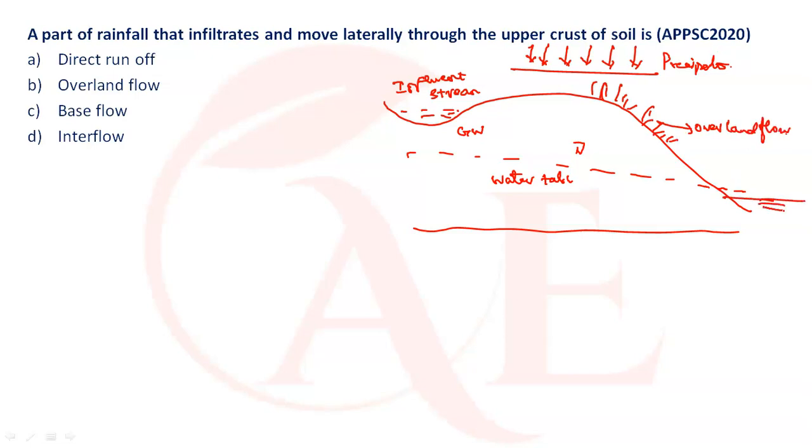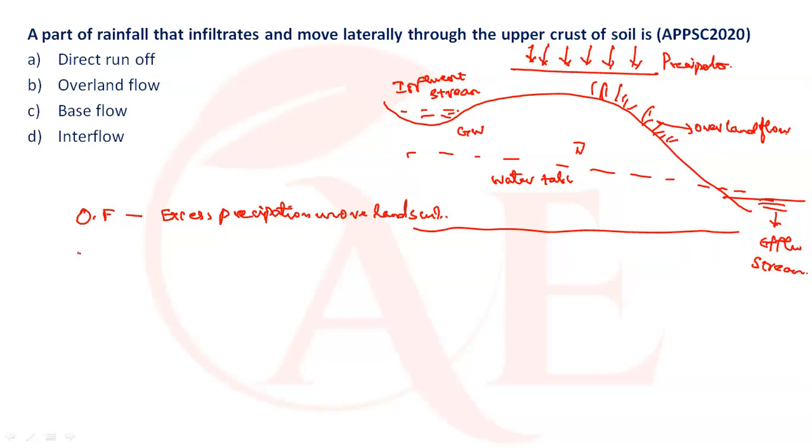And here this is the effluent stream. So first understand what overland flow is. Overland flow is excess precipitation that flows over the land surface. Excess precipitation moving over the land surface is known as overland flow.